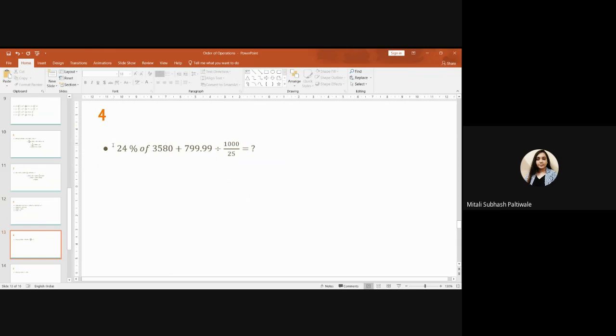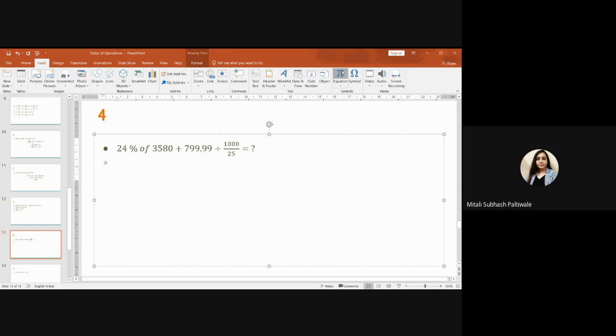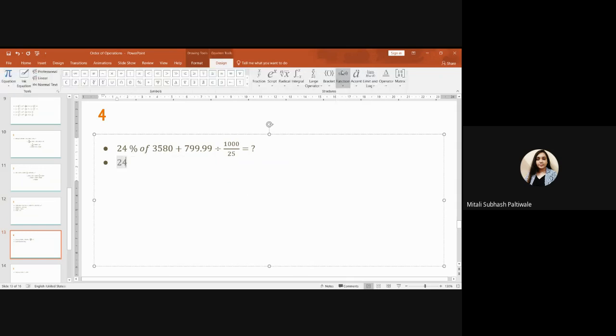Here, the fourth question says 24% of 3580 plus 799.99 divided by 1000 by 25. Let us try solving this one. Okay, so let me just put on the equations quickly and we'll be solving.